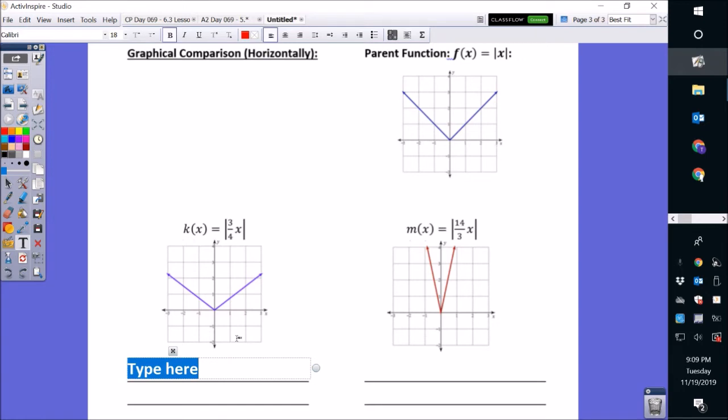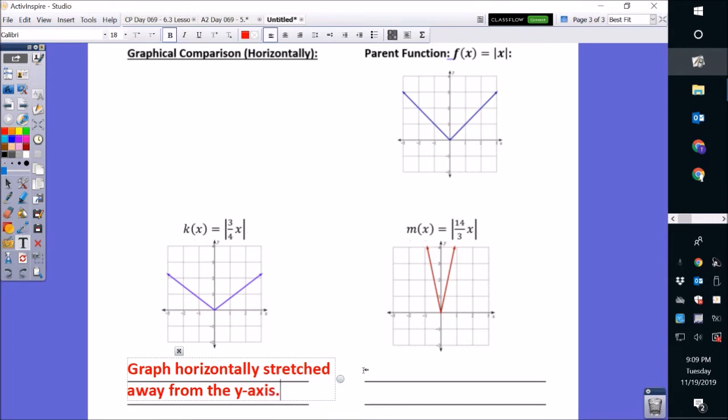I would say graph horizontally stretch away from the y-axis.